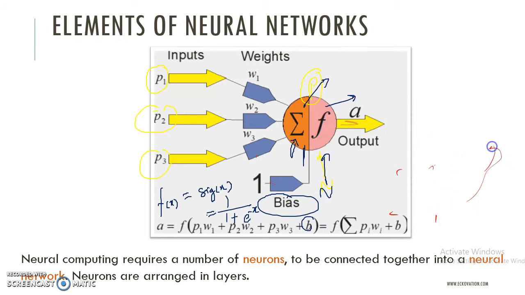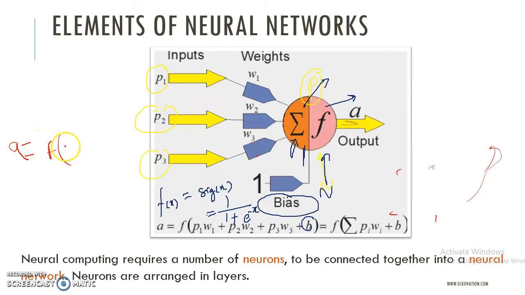So what is happening? The output we are having is A, and it depends on the total function, and the function depends on this particular input and the weight of this input. This one is the node, and the synapse here is the weight.